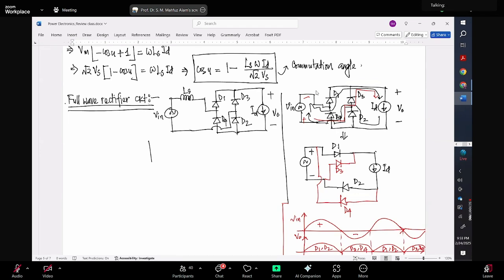So now, if I want to draw the input waveform, the input waveform will be like this.